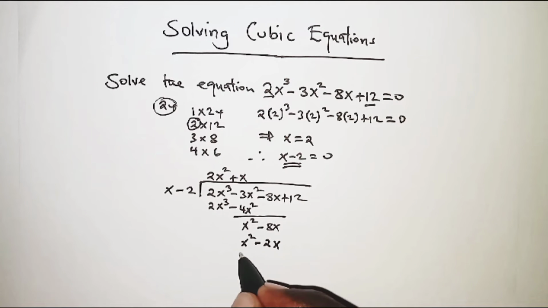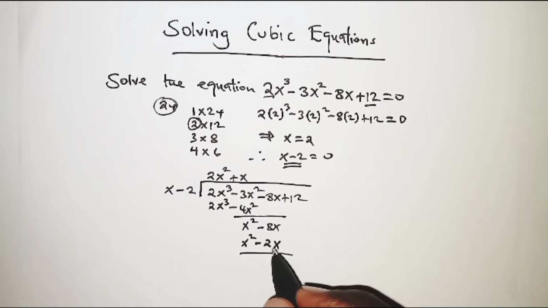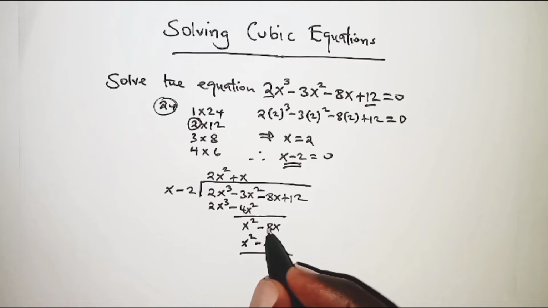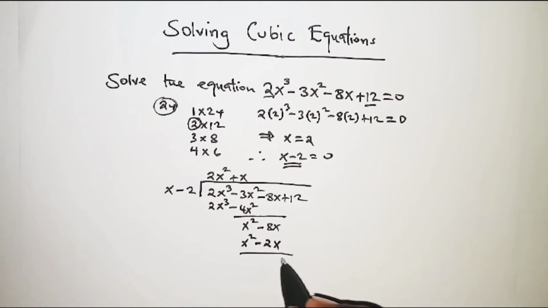So continuing, we subtract, and this should give us minus 8x minus negative 2x, so that is negative 6x.